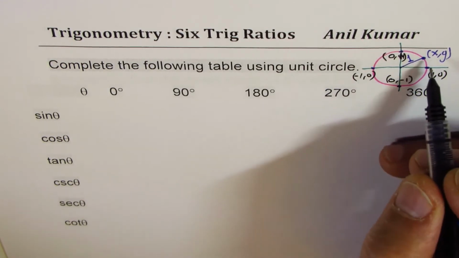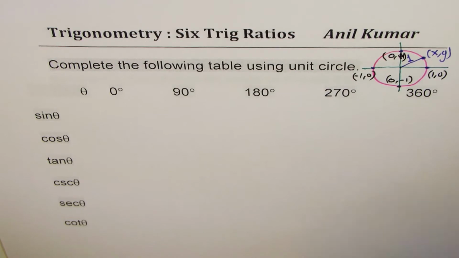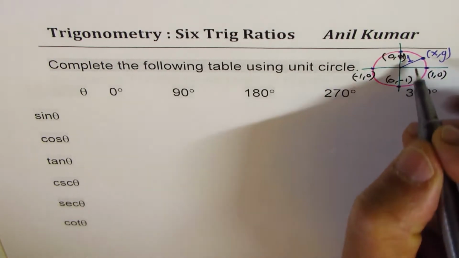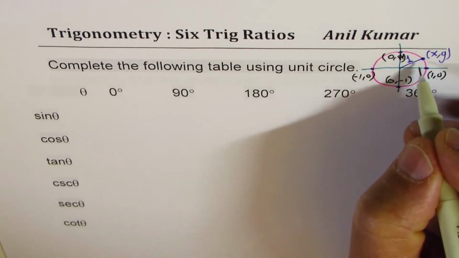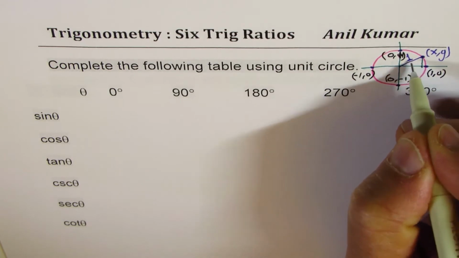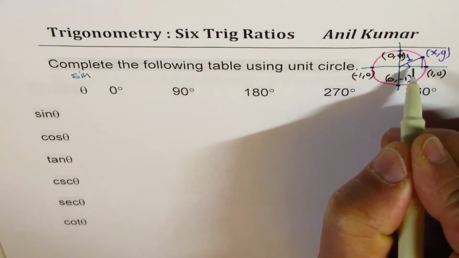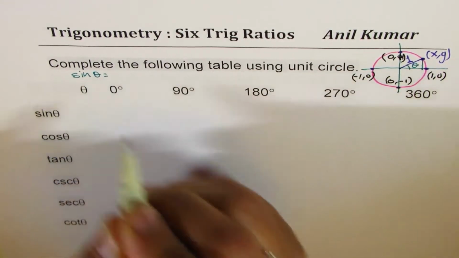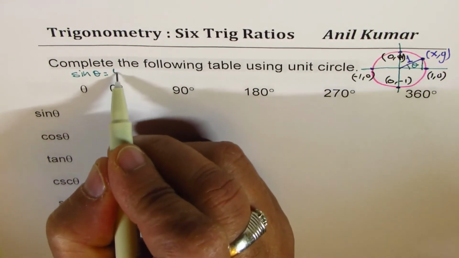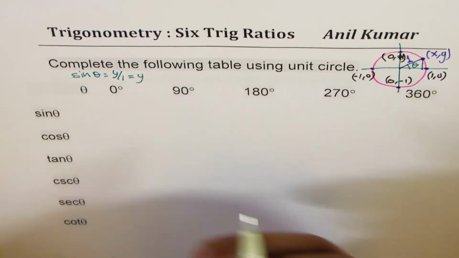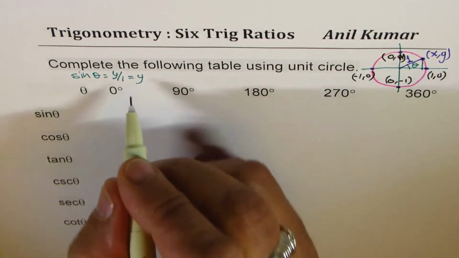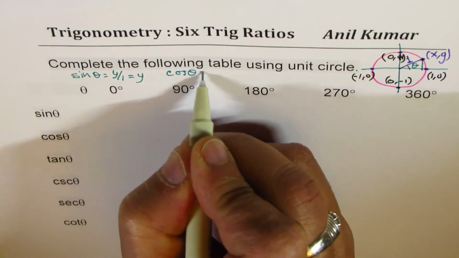How? Now if you see, what is sine, for example? Sine is opposite over hypotenuse, right? So we can write sine, let's say this angle is theta. Sine theta is y over 1. So it is basically equal to y. Similarly, what is cos theta equal to?